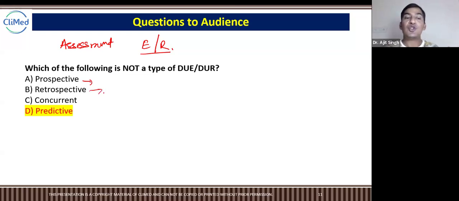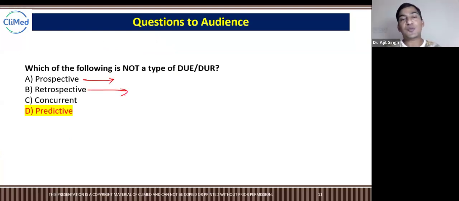Retrospective means you are recruiting the patient but collecting the data from back dates. That is in terms of studies. But when it comes to DUE or DUR, it is completely opposite.